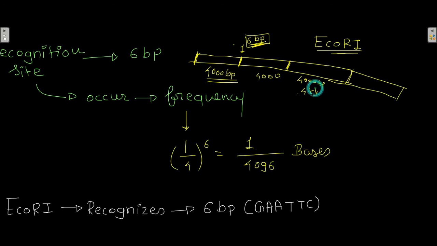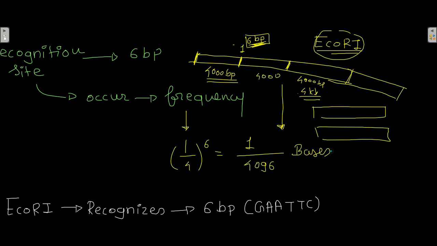So when this restriction enzyme works, the DNA molecule will be converted into DNA fragments, and each fragment will have a length of 4 kb when digested with EcoRI. Why?